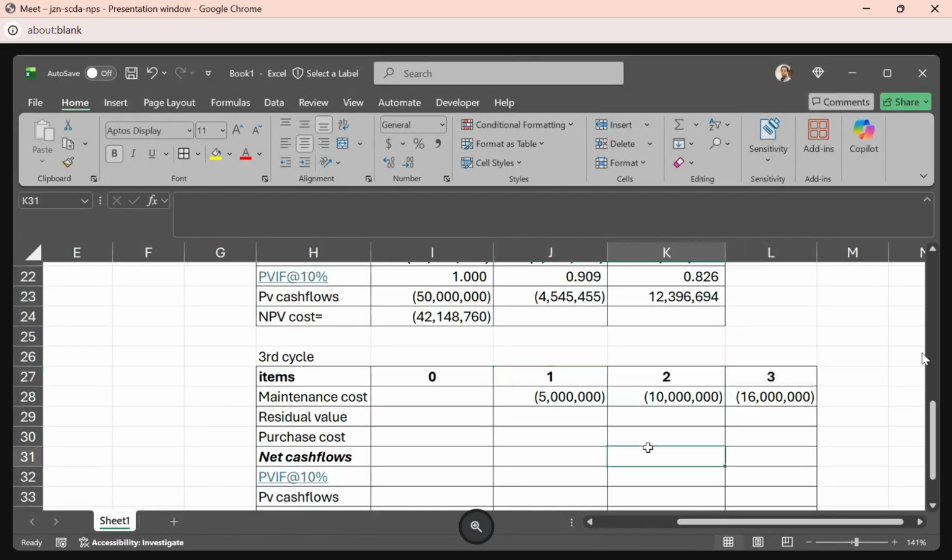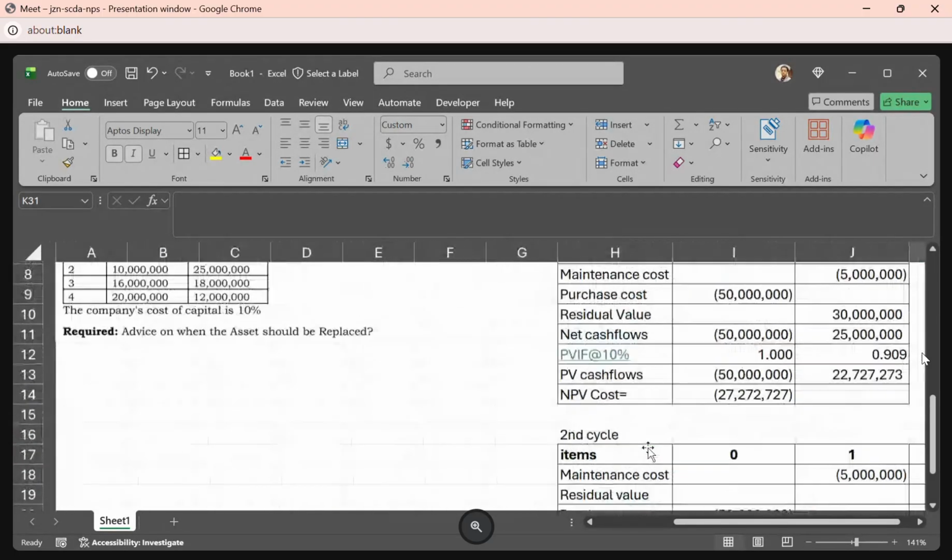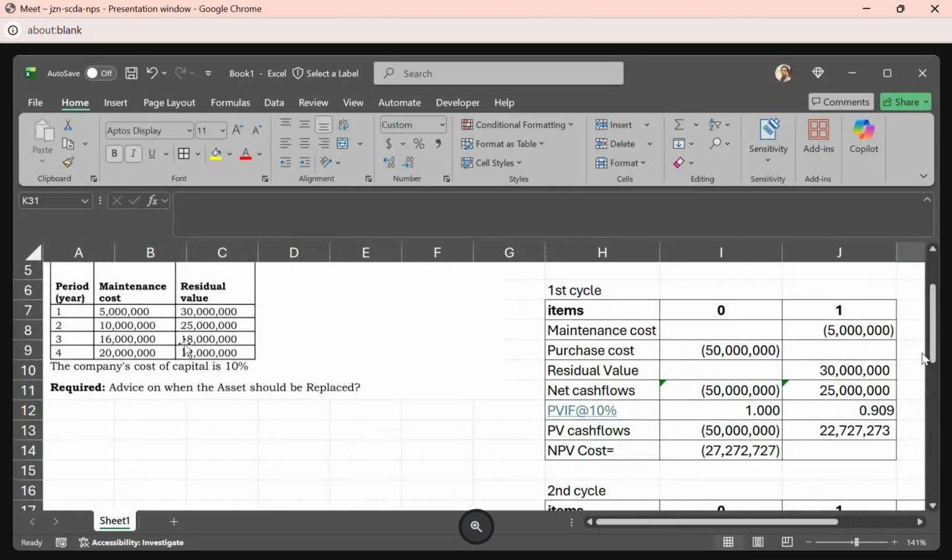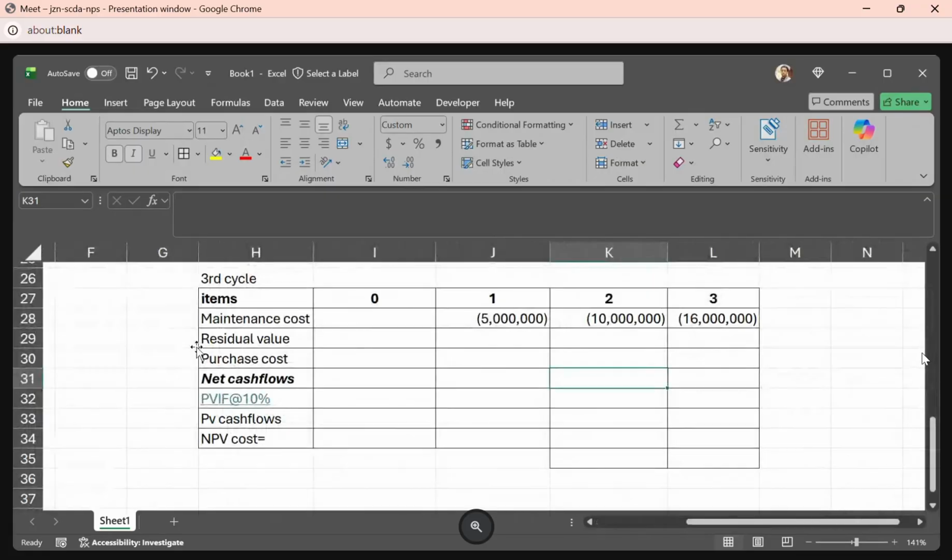All right. Now, let's look at the residual value of year 3. It is 18 million. Then the purchase cost, it is 50 million, an outflow.